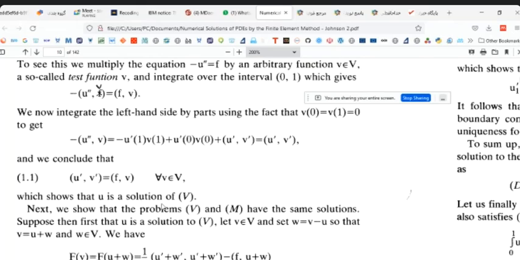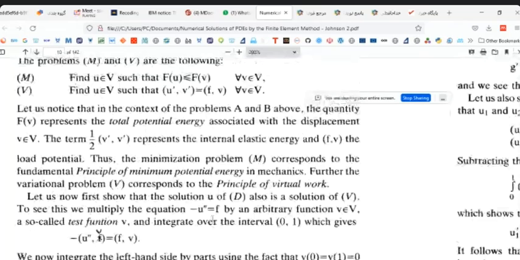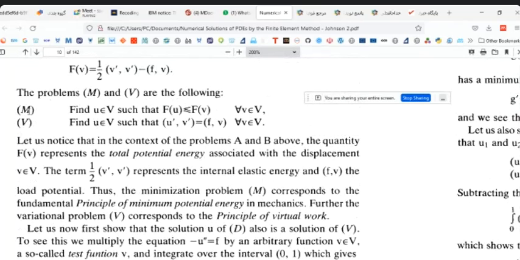In the next step, I want to show you that the problems V and M have the same solution. V refers to the variational problem and M refers to the minimization problem that we defined in the second chapter.